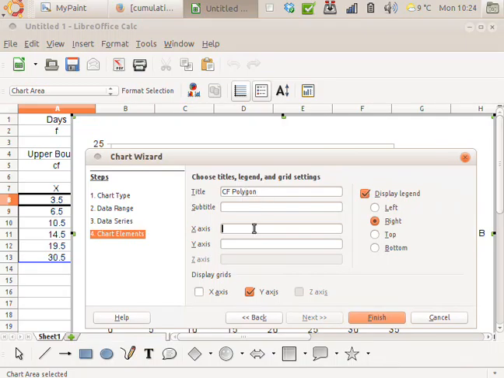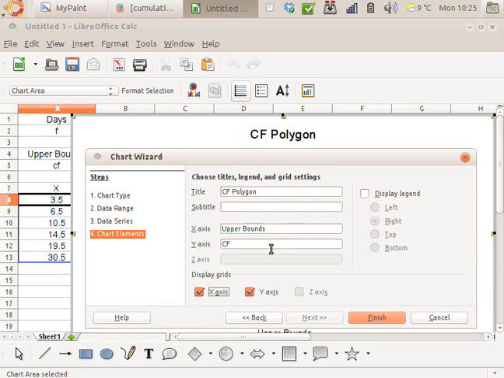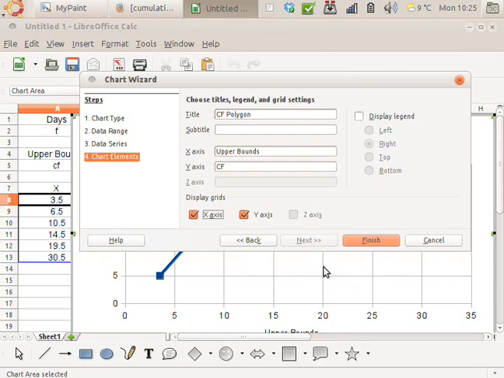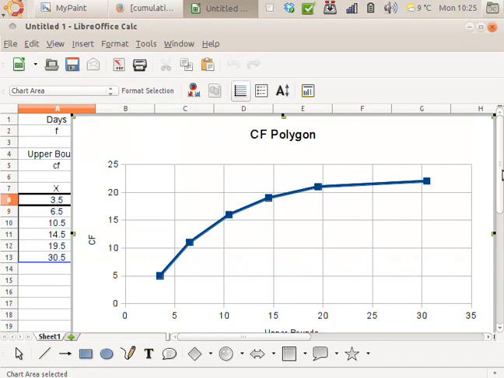On the x-axis is the upper bounds, and then on the y-axis is the cumulative frequency. What is polygon? Polygon is the name of that graph you get where you go point to point with straight lines. So that's what it looks like.